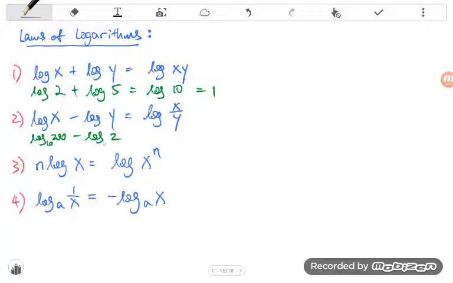Again, the base is 10, but we don't write it. According to the rule, I will have log of 200 over 2, which is log of 100. And since this is base 10, 10 to the power of what gives us 100? The answer is 2. There's no need for any calculator. We can just use the laws to help us find the answers without a calculator.